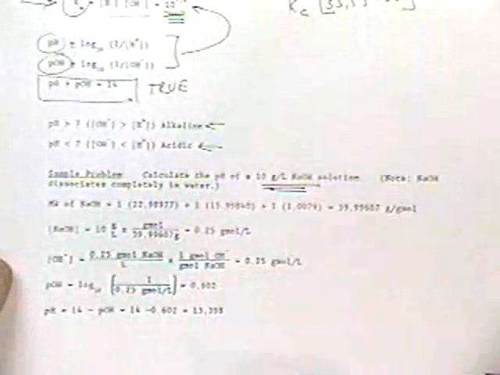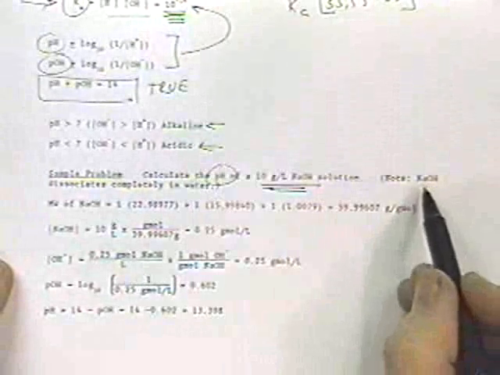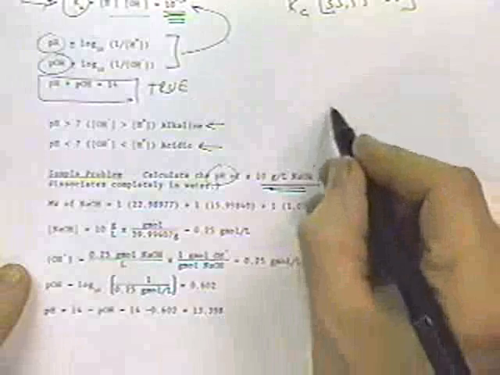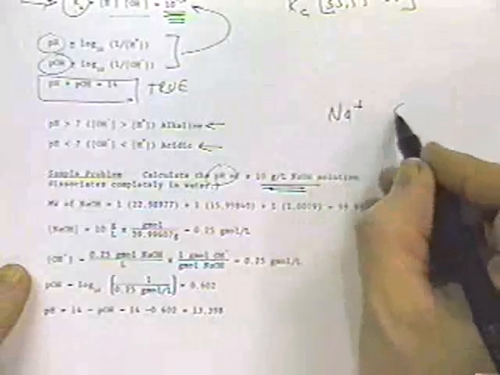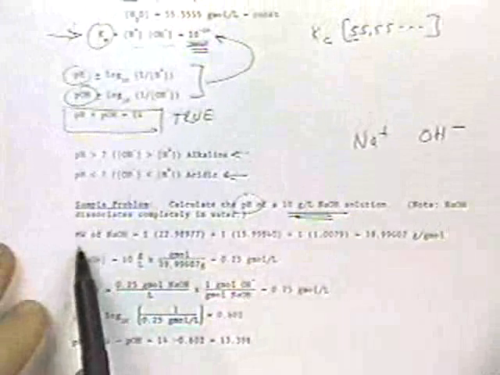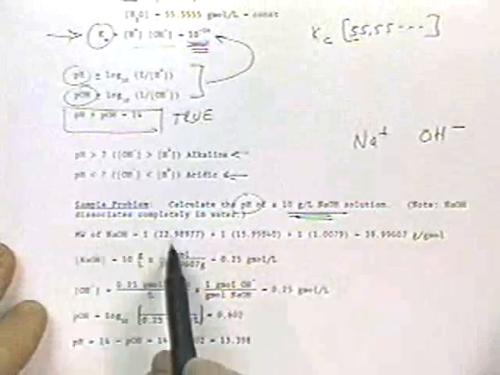We've got a 10 gram per liter solution of sodium hydroxide, and what's the pH of this? And noting that sodium hydroxide completely dissociates into sodium ions and hydroxide ions, the first thing we have to do is calculate the molecular weight of sodium hydroxide.